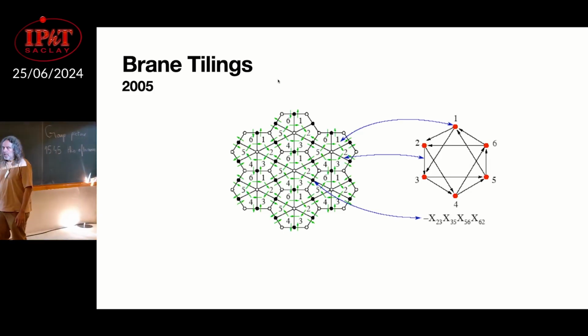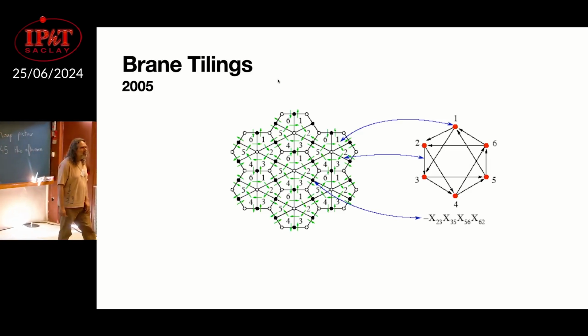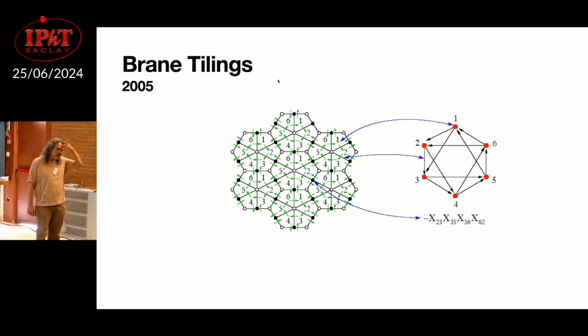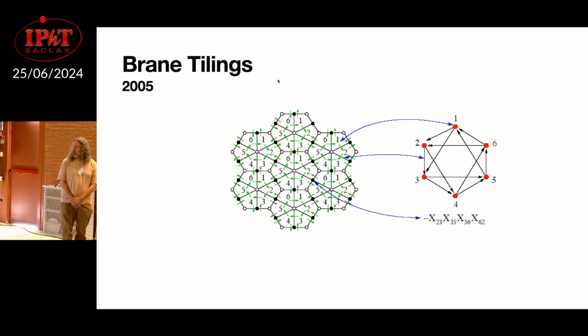tiling as a quiver. Now, you heard, for example, in Richard's talk, that quivers are representing vector spaces and maps between them. Here, for us, a quiver is just representing a Lagrangian. We use them as physicists.